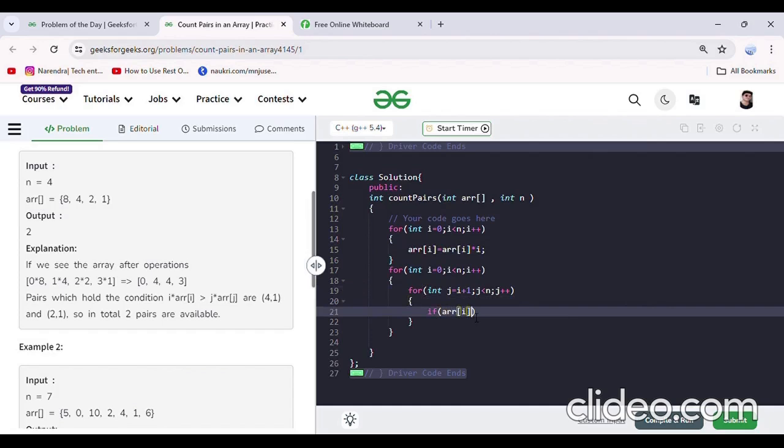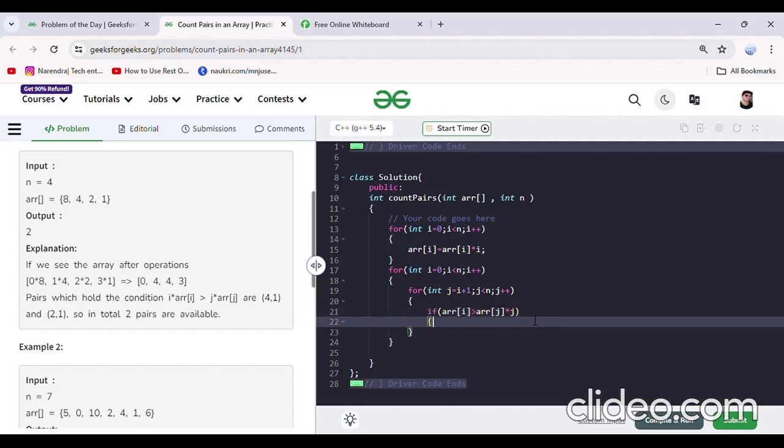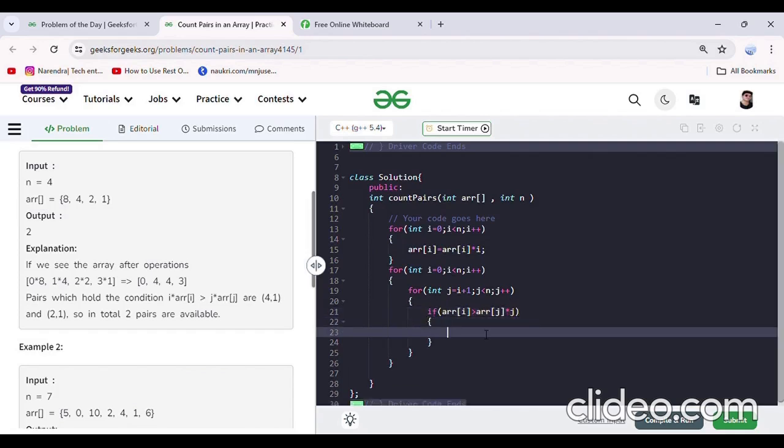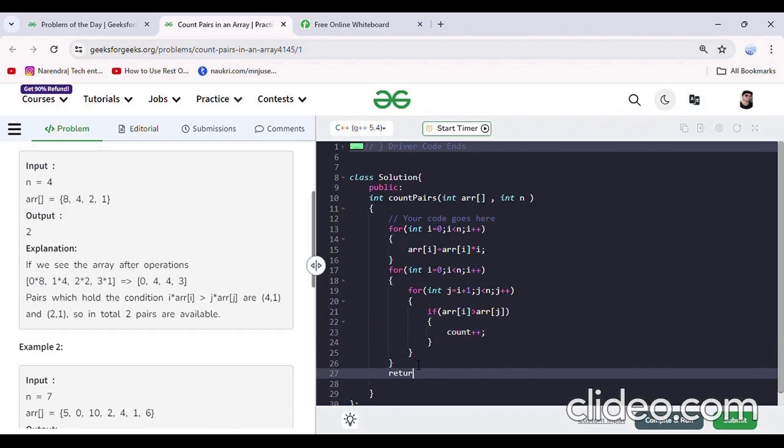Here we changed it, right? Here no need to multiply with this. Here I converted arr[j] to arr[j] into j, because we changed it before, and I am increasing the count variable. Now I am returning that count variable, return count.